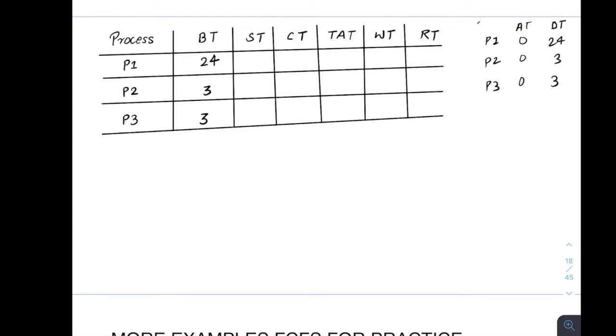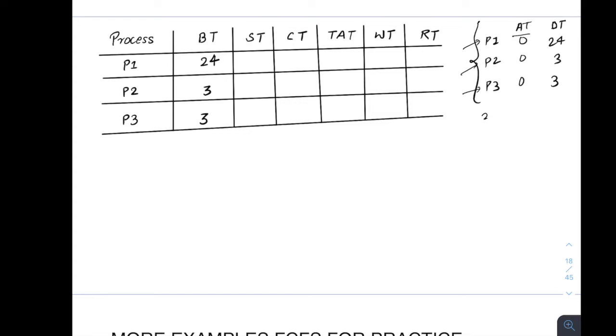So this problem can be stated like this: arrival time is the same for all. When the arrival time is the same for all the processes, always assume that P1 has arrived first, then P2 and then P3. Sometimes they will tell it clearly in the problem that P1 is arriving first, then P2 and P3. But if they have just given arrival time and all are 0, you should still assume that P1 arrives first, then P2, then P3.